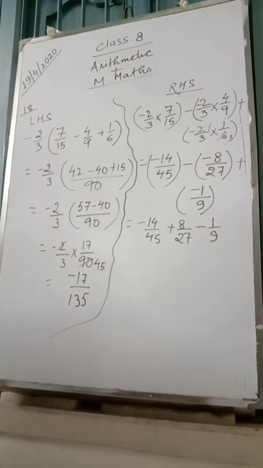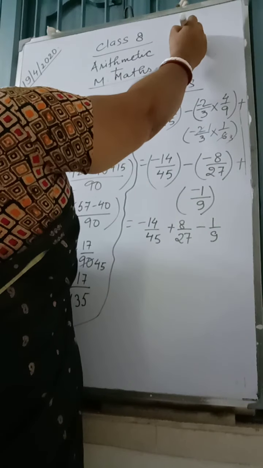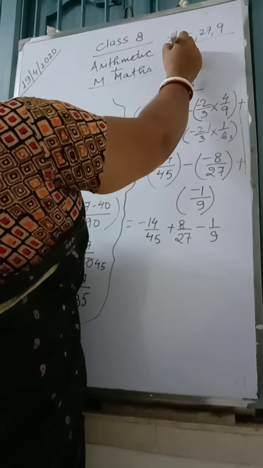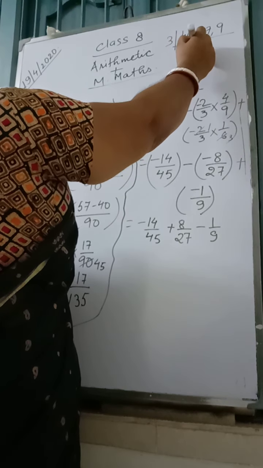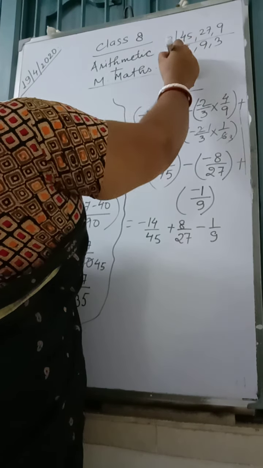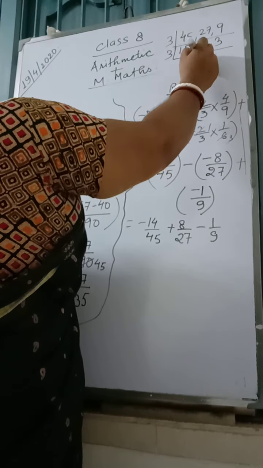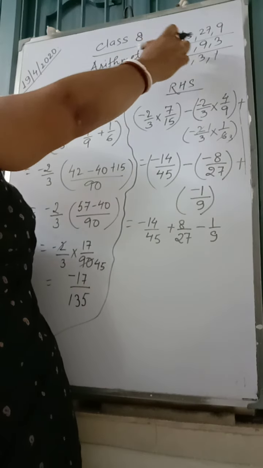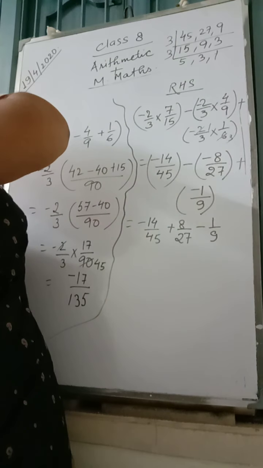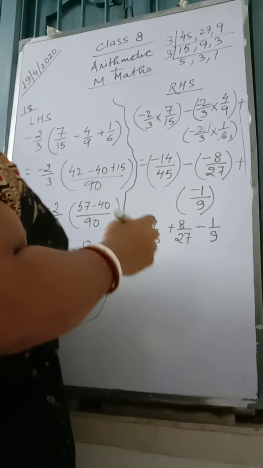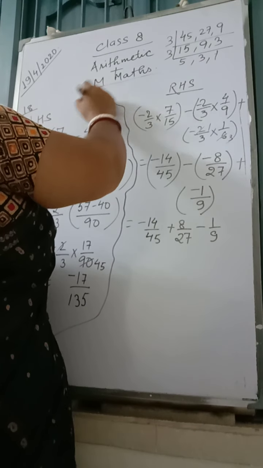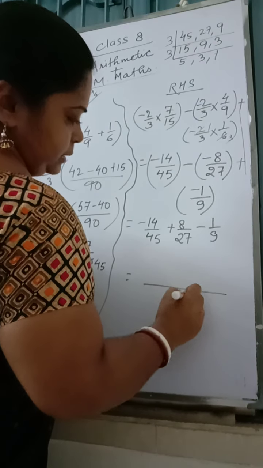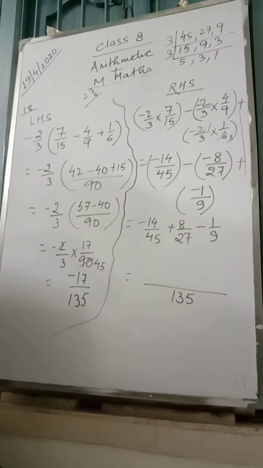Now the LCM of 45, 27 and 9: 3 fifteens are 45, 9s, 3s, again 3, 5s, 3s, 1s. It will not go more. 3 threes are 9, 3 nines are 27, 27 into 5, 135 is the answer. We got LCM 135.